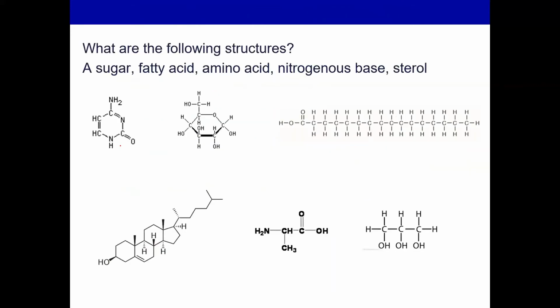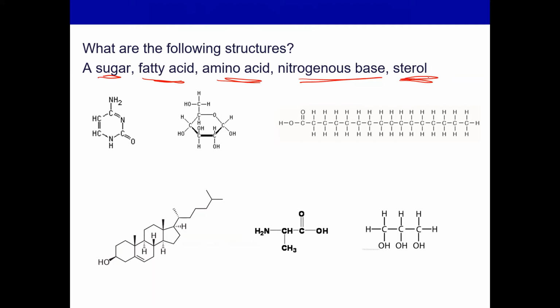Okay, so here is one of these matching type questions, or an identify-the-whatever-they-are kind of question. And we can work through these and see what they are. So you can see I have sugar or carbohydrate, fatty acid, amino acid, nitrogenous base, and a steroid. Okay, so let's start with steroid. That one's easy.